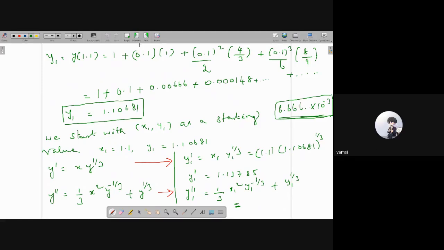Sir, let us consider y1 equal to y of 1.2, so that h value becomes 0.2. But you can't do it like this, because as per the procedure we need to go step by step. Suppose you do it like this, please do it in your notebook and send it to my personal WhatsApp.